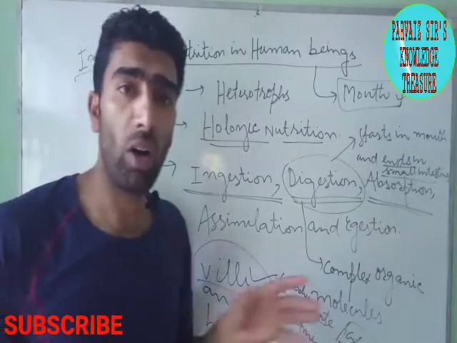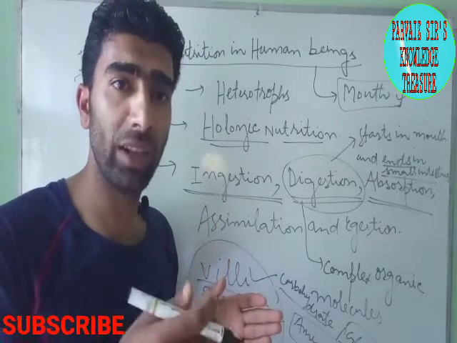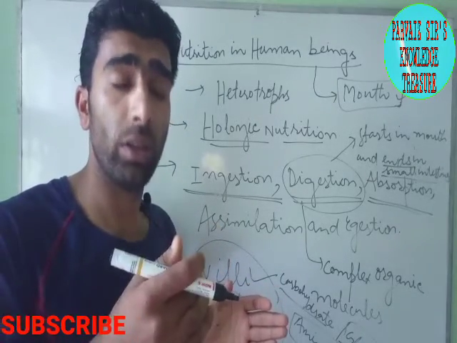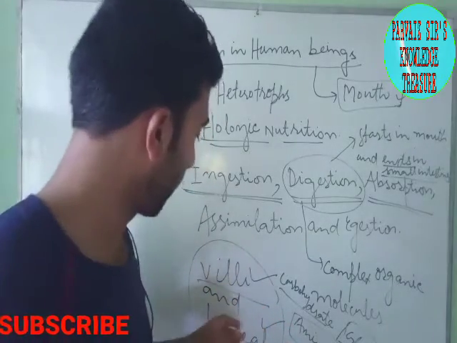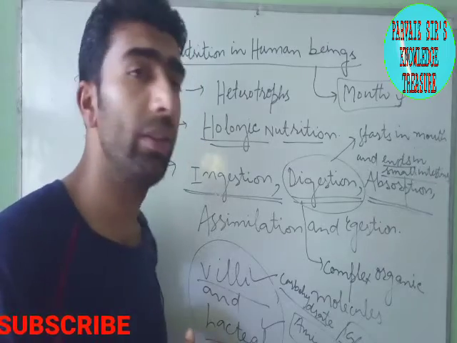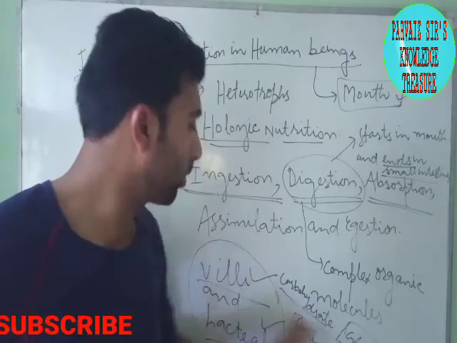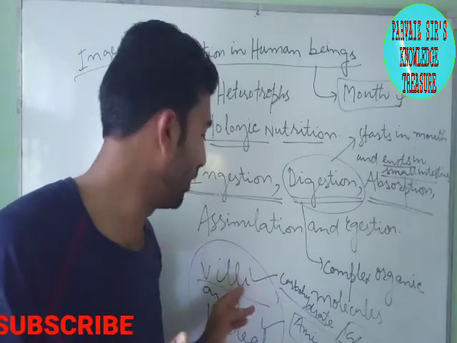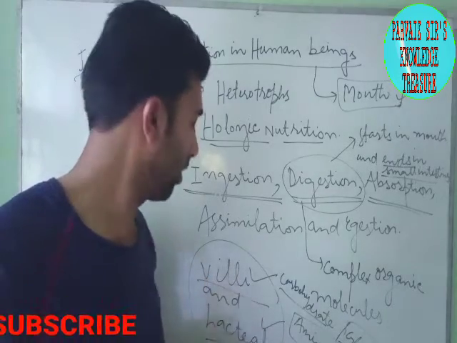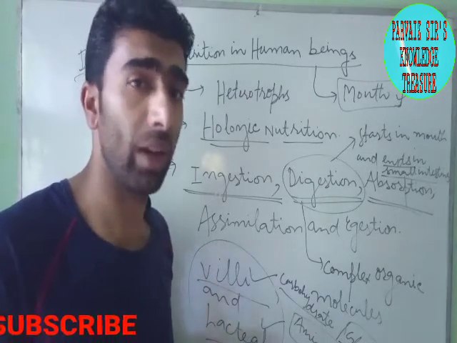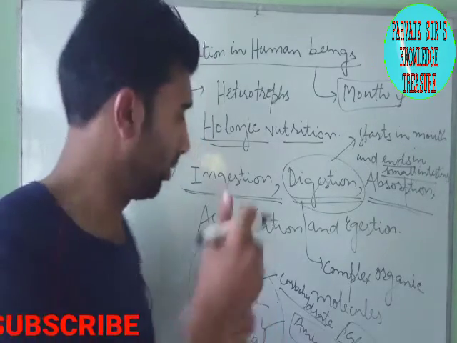Absorption of digested food occurs in small intestines, especially in jejunum and ileum part of the small intestines. Villi and lacteals are involved in the absorption process. Glucose and amino acids are absorbed through villi and microvilli, and fats or fatty acids and glycerol are absorbed through lacteals. These are lymphatic vessels, lacteals, through which fatty acids and glycerol are absorbed.